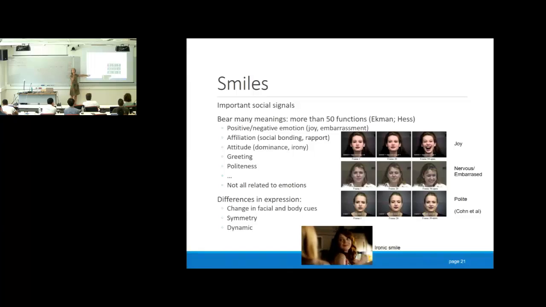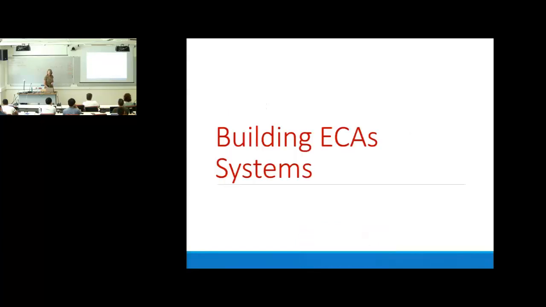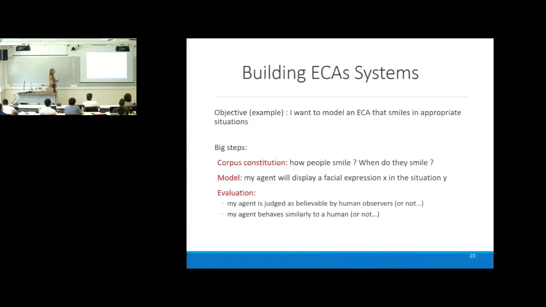So how fast the smile arrives and how long it lasts, and things like that. When you meet somebody in the street, it's just what you sometimes call replacing a hello, in a fast way. It's not that you're showing you're happy to see the person. Okay, so now that we've seen the importance of nonverbal behaviors, let's build those agents.